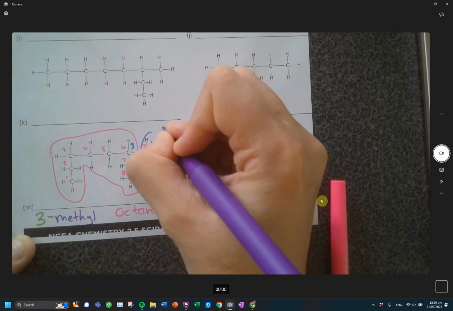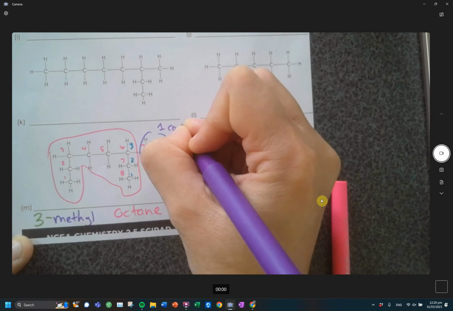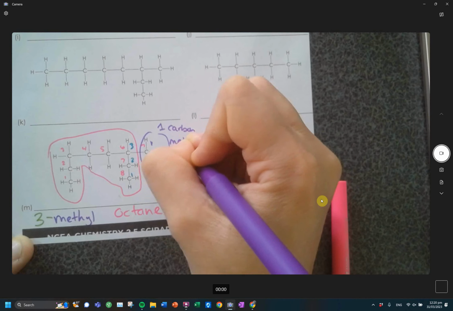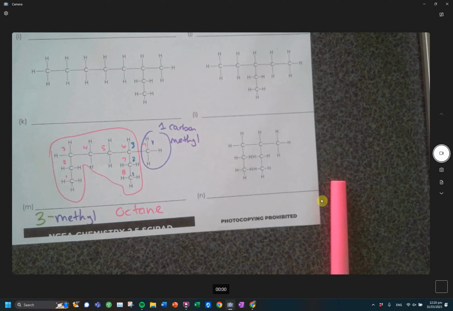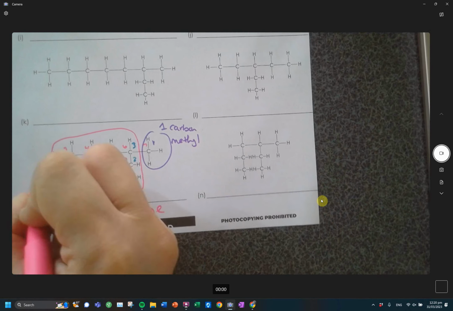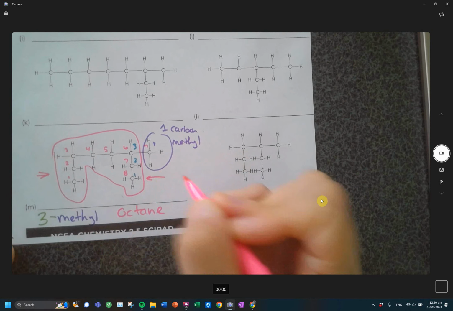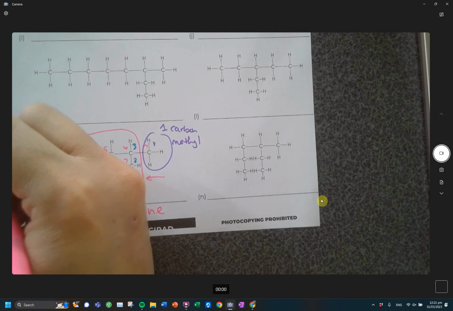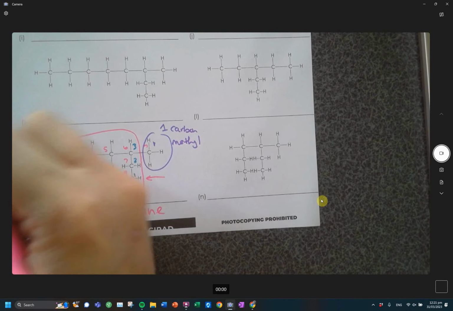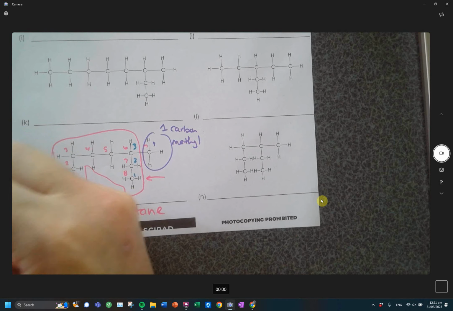So this is a methyl because it's 1 carbon. These 2 guys here and here are part of the parent. They're not branches.